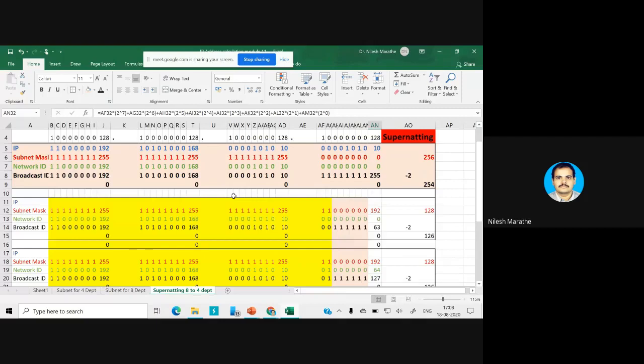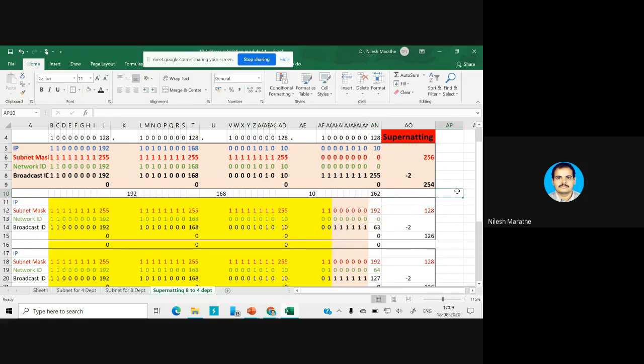Now let's suppose I ask you one question: to which block does this IP belong? 192.168.64. No, 64 is not possible here, 10 only. And here I can write something, let's say 162.